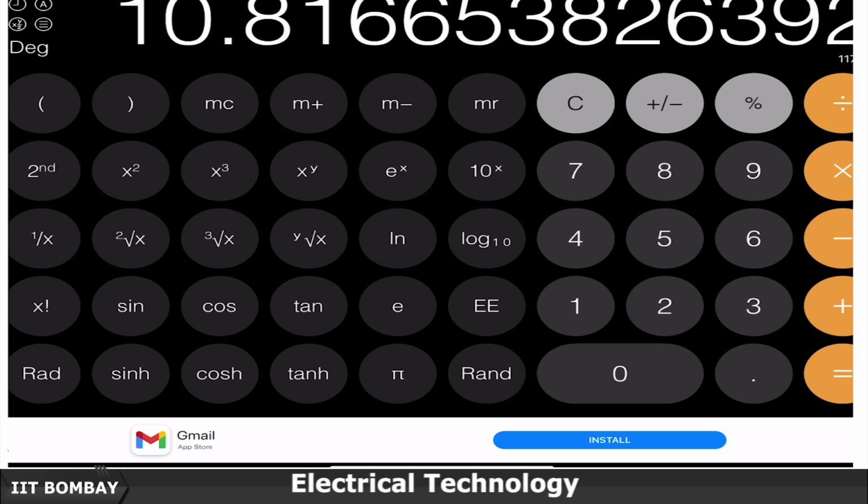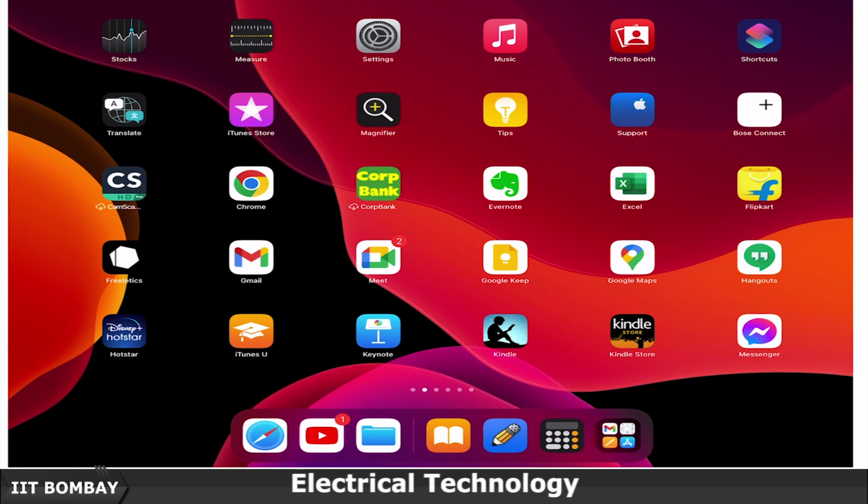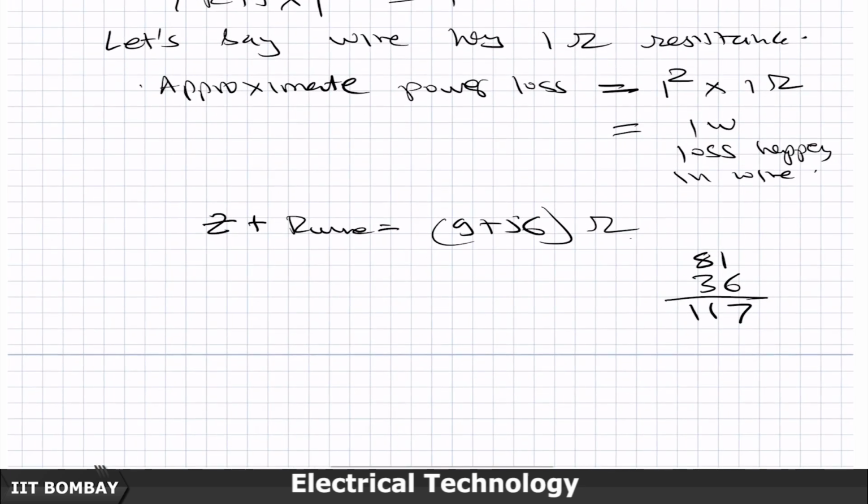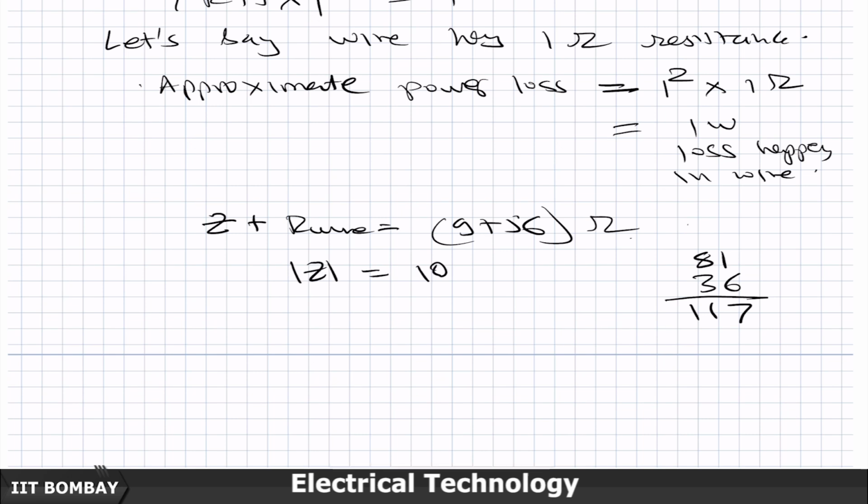So, this is going to be 10.81 ohms. So, approximately mod of Z is going to be 10.81 ohms.